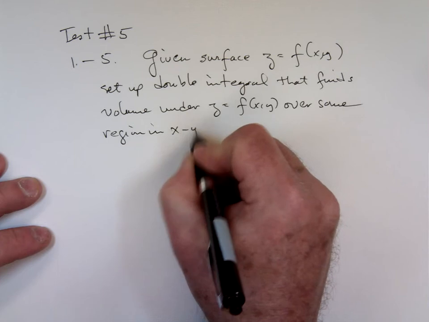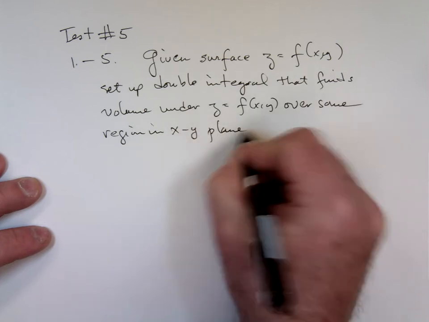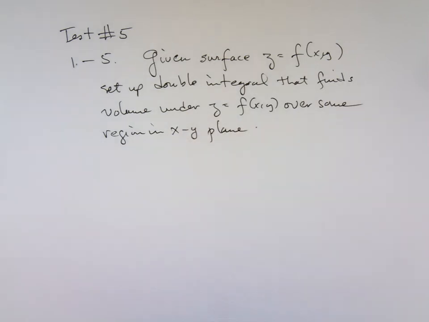In the XY plane. So there's 5 of these problems where I'm going to give you a surface, and I'll give you a square region, say. You want to set up the double integral that finds the volume underneath that surface over the square region. Well, that's pretty simple because the limits of integration for x and y will be constants, whatever the square is, 0 to 4, 0 to 4, say. You don't have to do the integral, just set up the double integral.